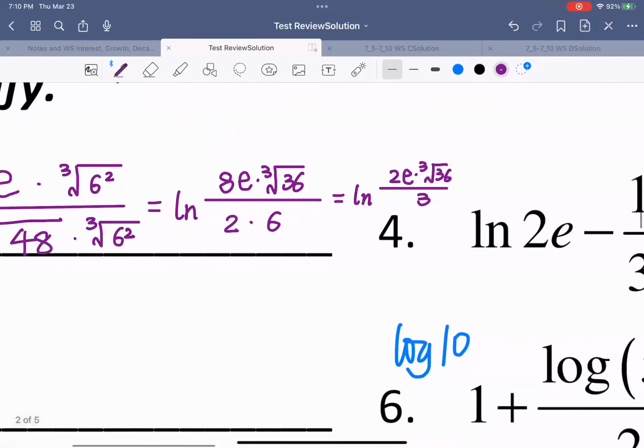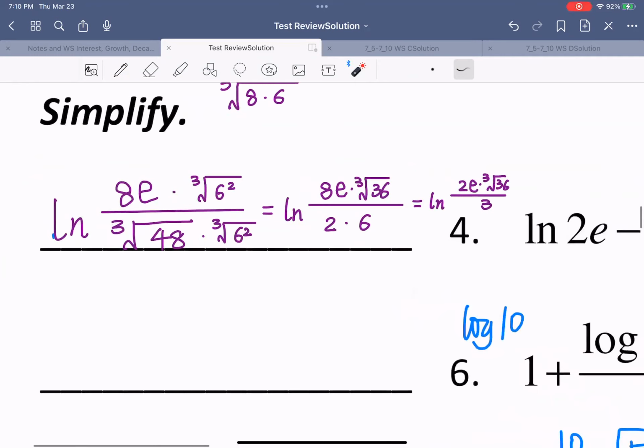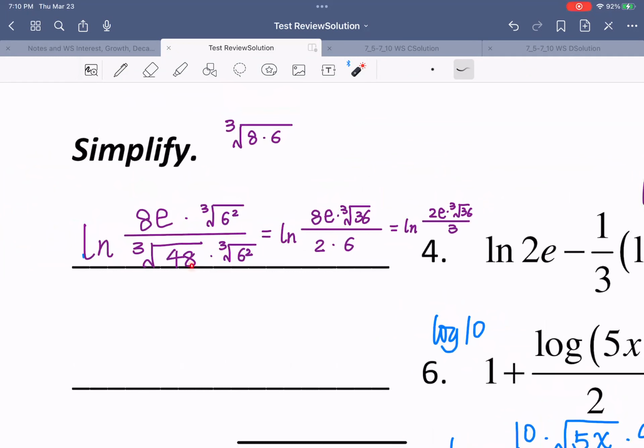That's it. Does anybody need help or have an additional question? When you put the radical on the top, why did you multiply by 36? I mean 6 squared. Because 48 is 8 times 6. This is already a perfect cube number, so 2 can go out.